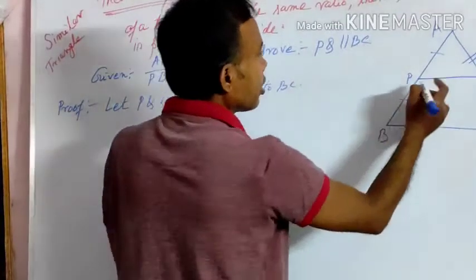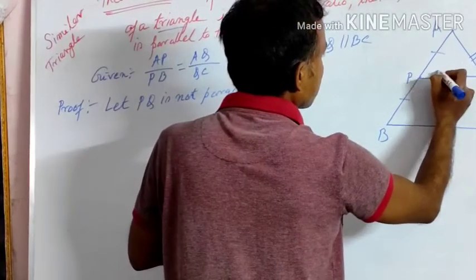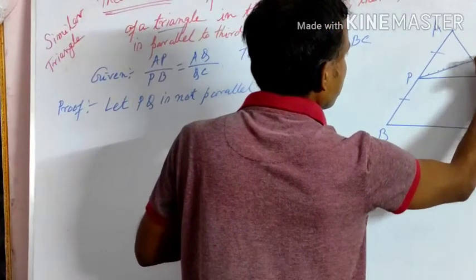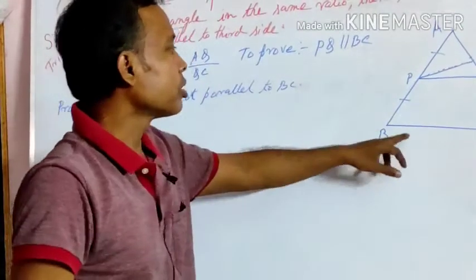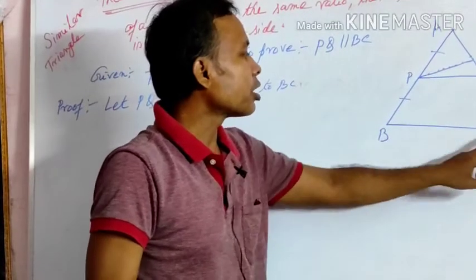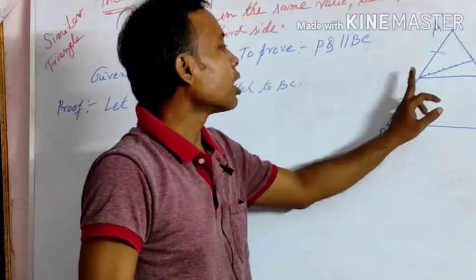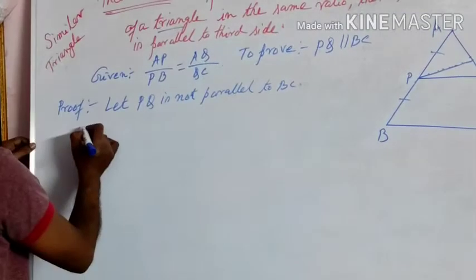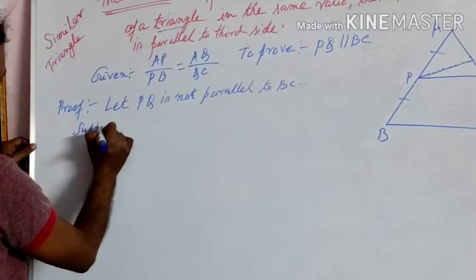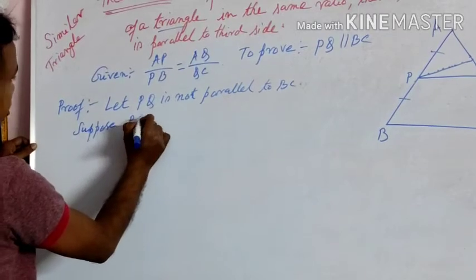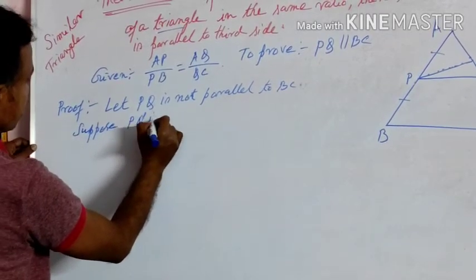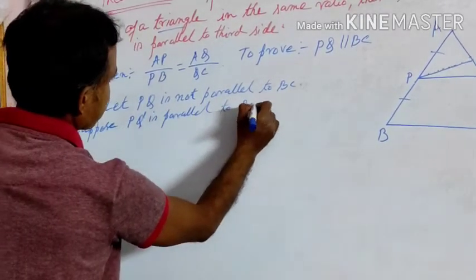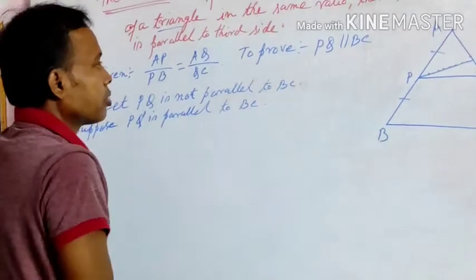Let us draw a line. Suppose this is a line PQ dash which is parallel to BC.